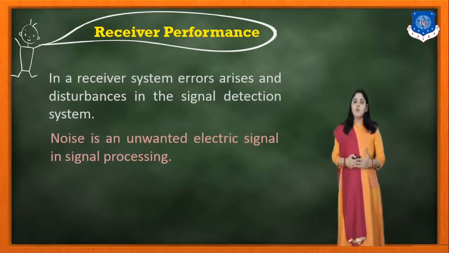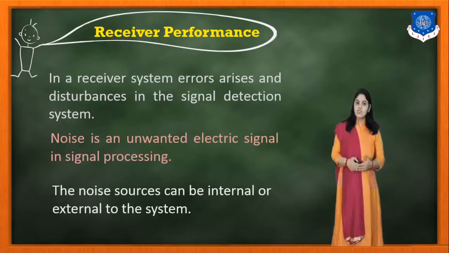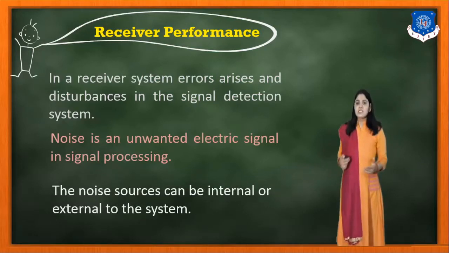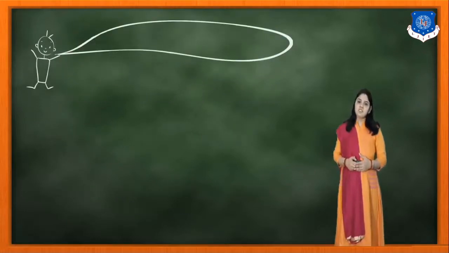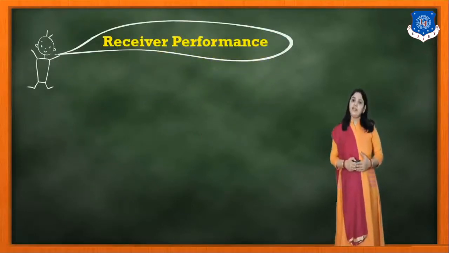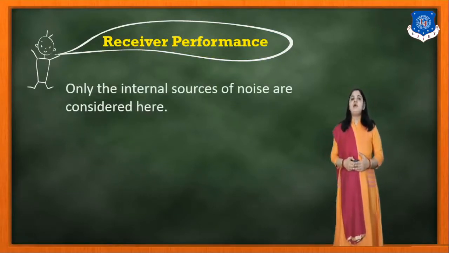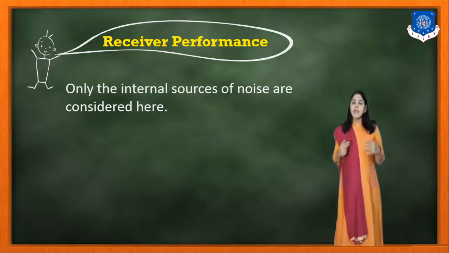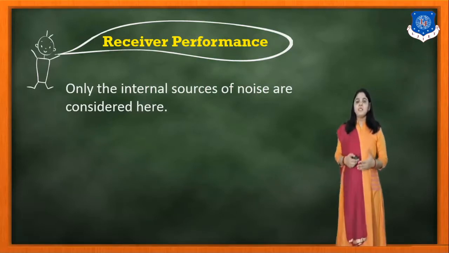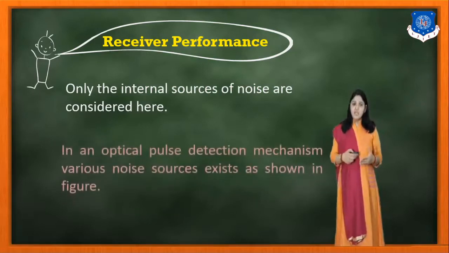Noise is an unwanted electrical signal in the signal processing, and the noise can be internal or external to the system, which is defined as internal noise as well as external noise. Only the internal sources of noise are considered here.